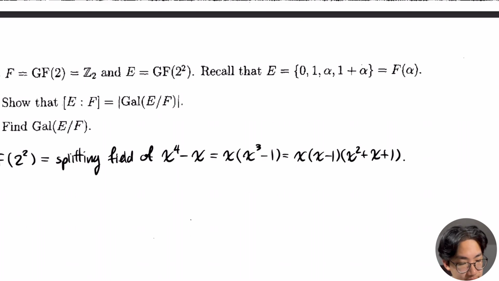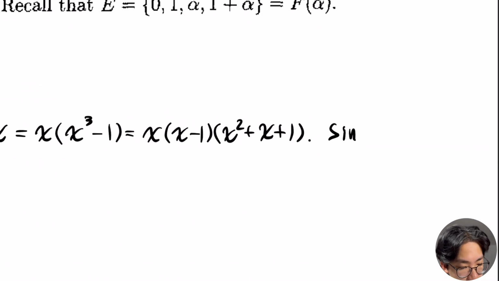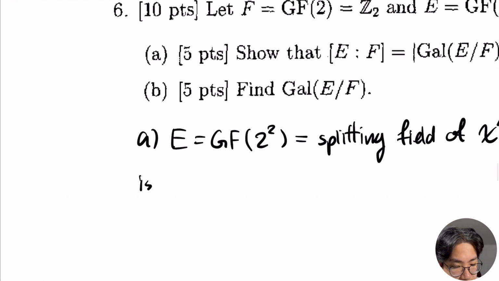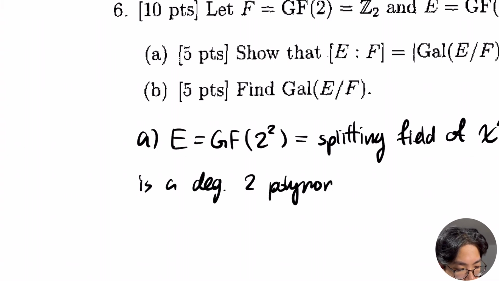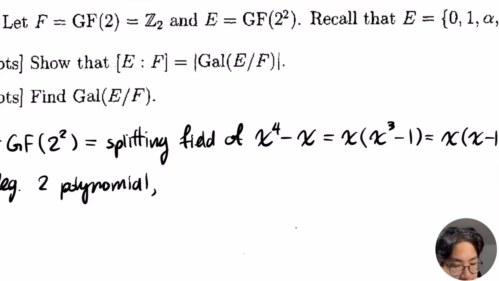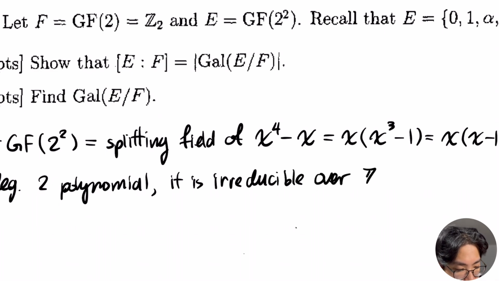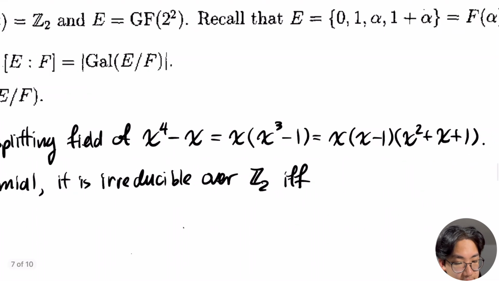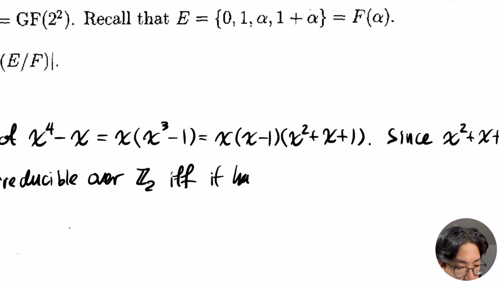So as before, I'll quickly write this here. Since x squared plus x plus 1 is a degree 2 polynomial, it's enough to conclude that it is irreducible, in this case over Z2, if and only if it has no roots in Z2.